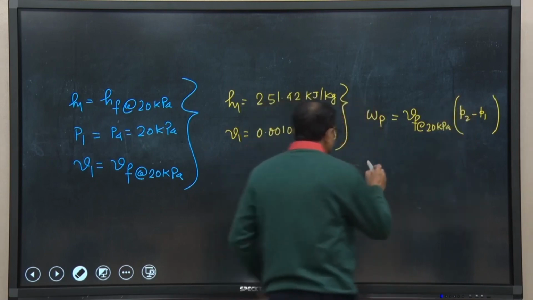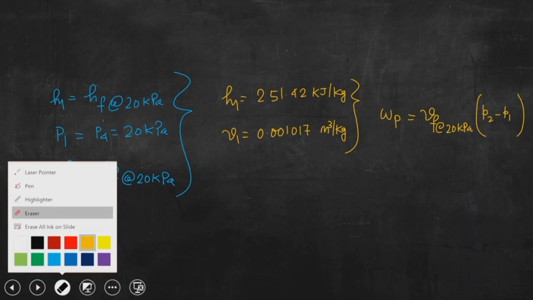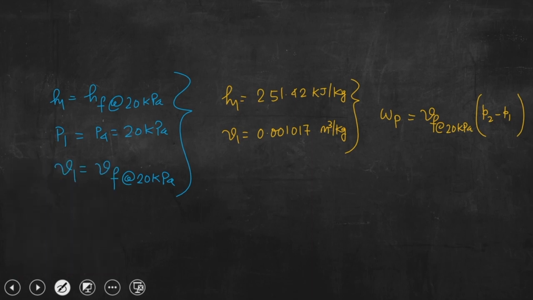So, this quantity will be equal to 0.001017 into 6 megapascal minus 20 kilopascal.